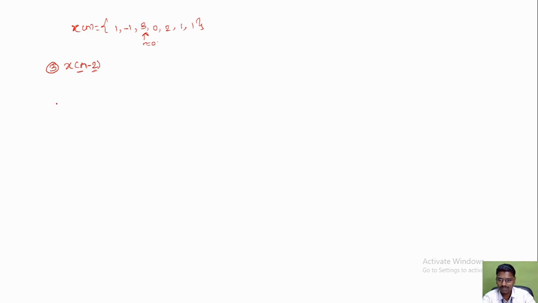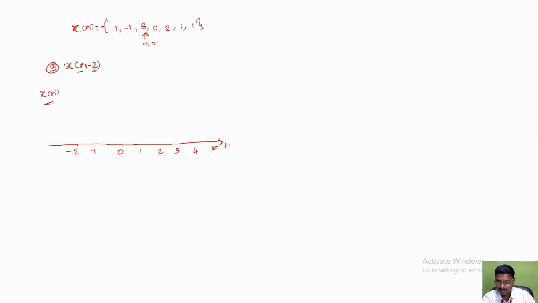Let me draw it once again here. So n is -2, -1, 0, 1, 2, 3, 4, 5.